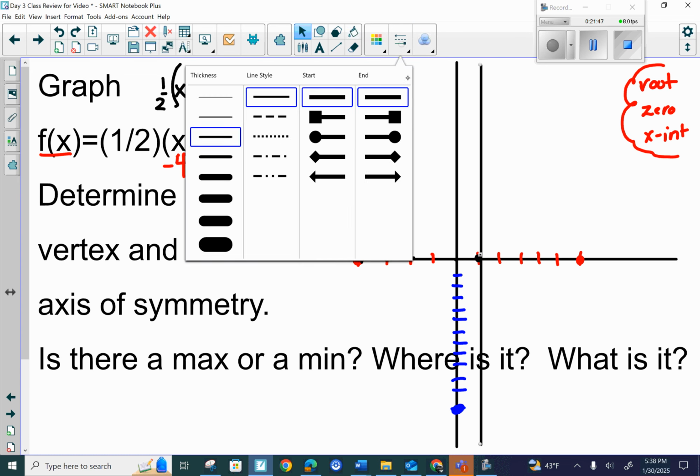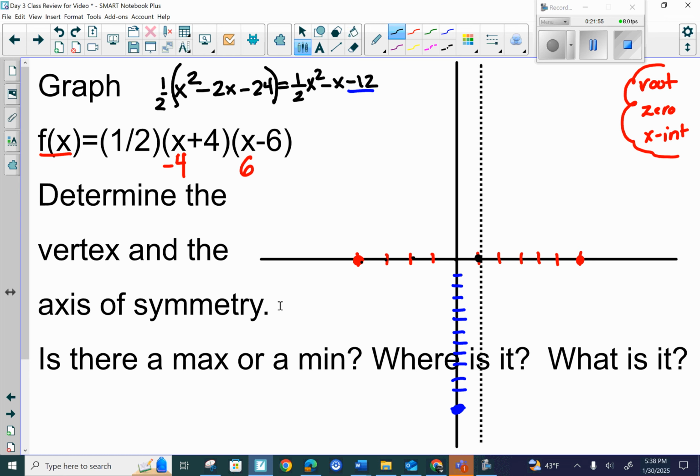I like to make it a dotted line because it's not part of the graph. It's just this imaginary line cutting the parabola in half. So my axis of symmetry, we say, is x equals +1. Okay. So the vertex would have to be 1, comma, and now I put 1 into either form.